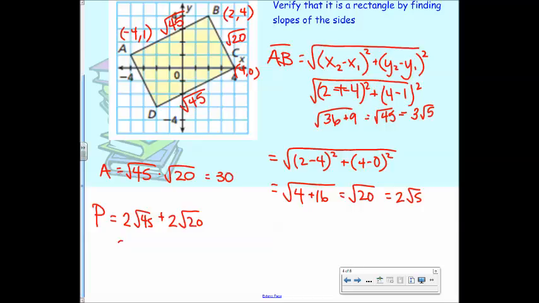Is that flat, or is that rounded? Yes, 2 square root of 45 plus 2 root 20.